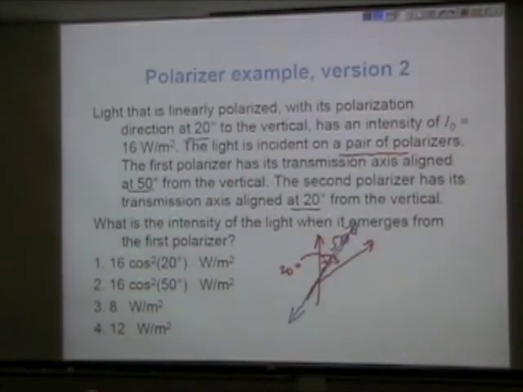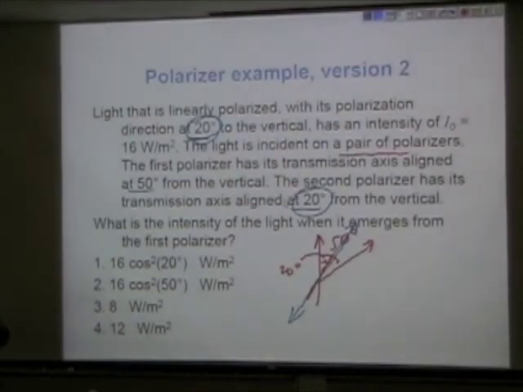So this is our case. And what we see is that initially the light is polarized at 20 degrees, and the first polarizer has exactly the same transmission axis. What does it tell us about the intensity of the light? It doesn't change.